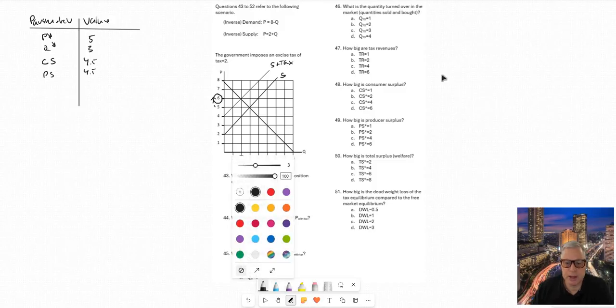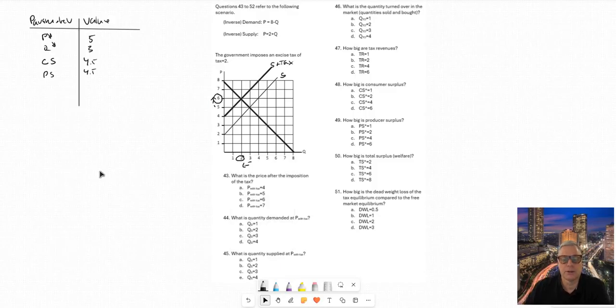So the new supply function, the one that matters, is this one here. And of course the demand function is still here. So now we do our welfare analysis.